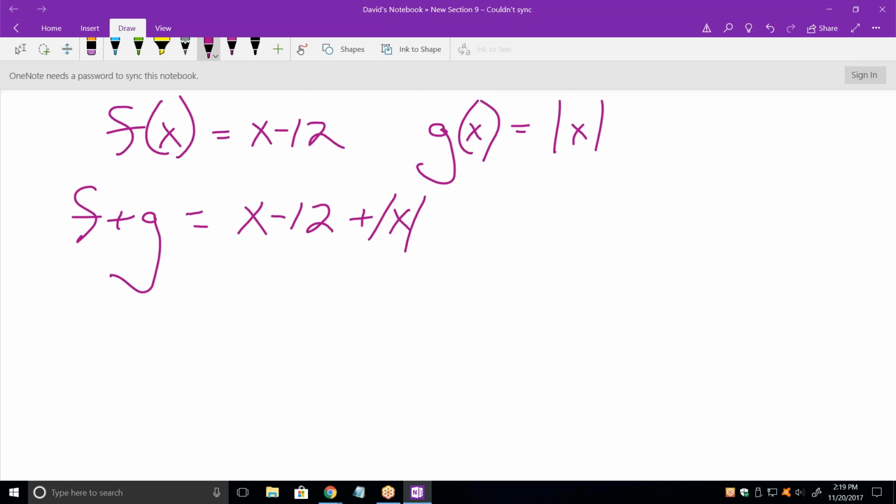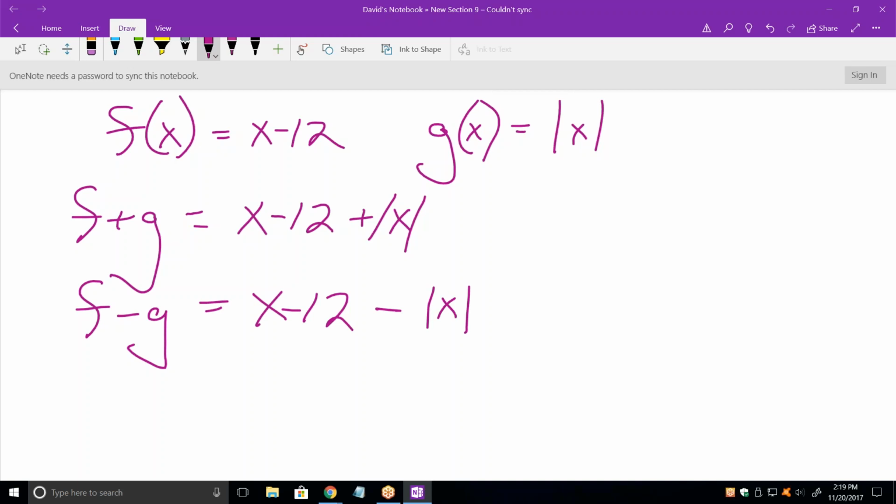So that's f plus g, and again, there's nothing that prevents you from plugging in any value for x. F minus g, same thing.